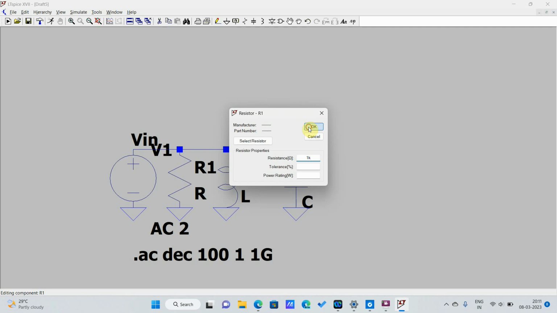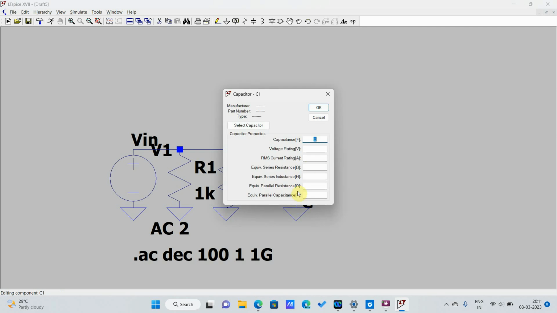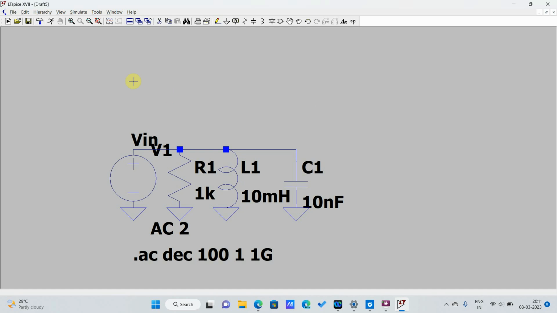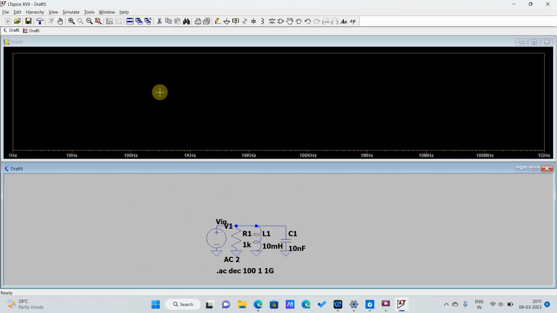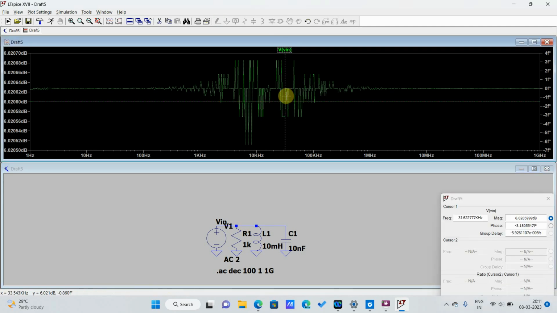Giving some random values again. So as the voltage across the resistor, capacitor, and the inductor is V in itself, this will be the frequency response. The gain remains constant as the output voltage.